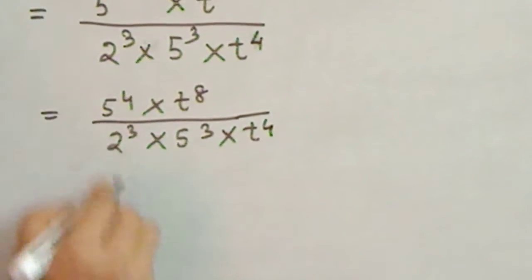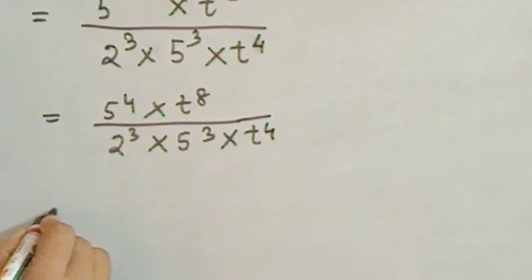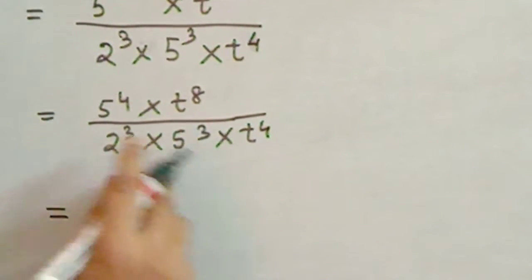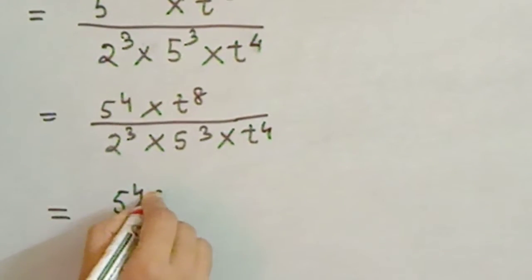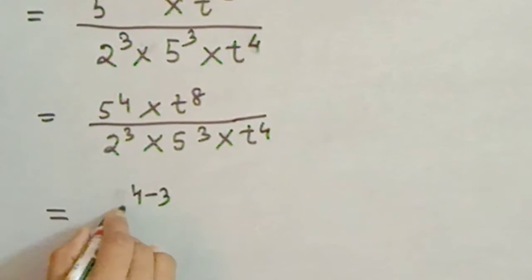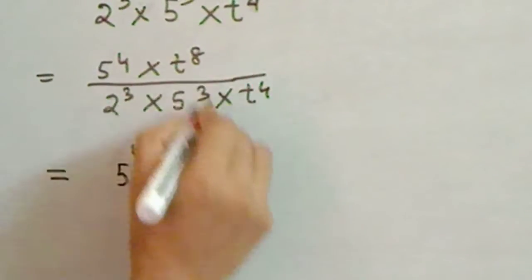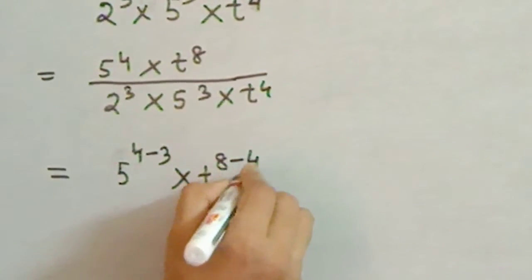Now subtraction. 2 to the power 3 in the denominator is unknown, so leave it as it is. Now 5 to the power 4 is divided by 5 to the power 3, so you have to subtract it. 5 to the power 4 minus 3 into t to the power 8 minus 4, by 2 cube.